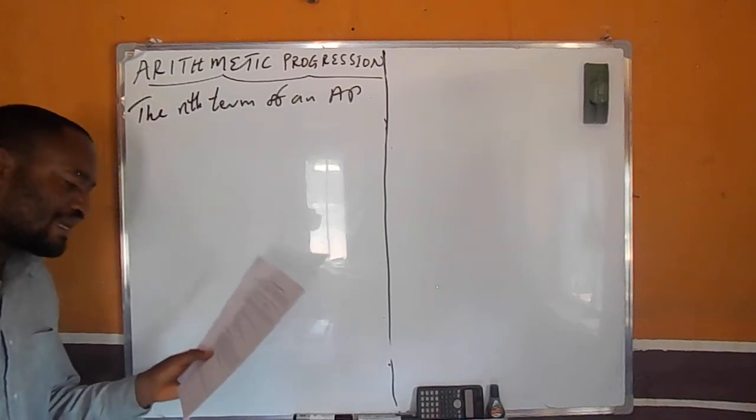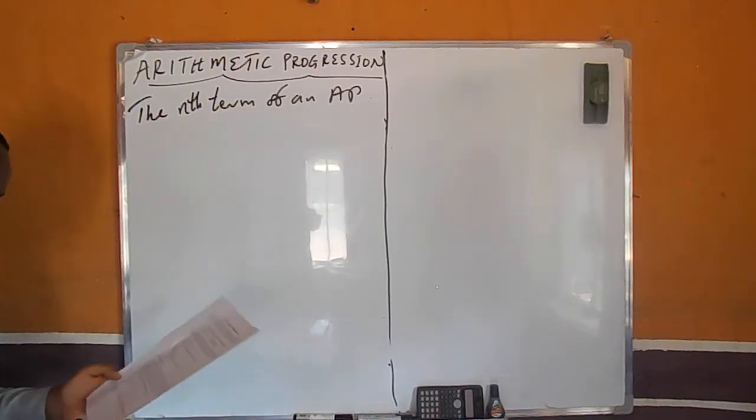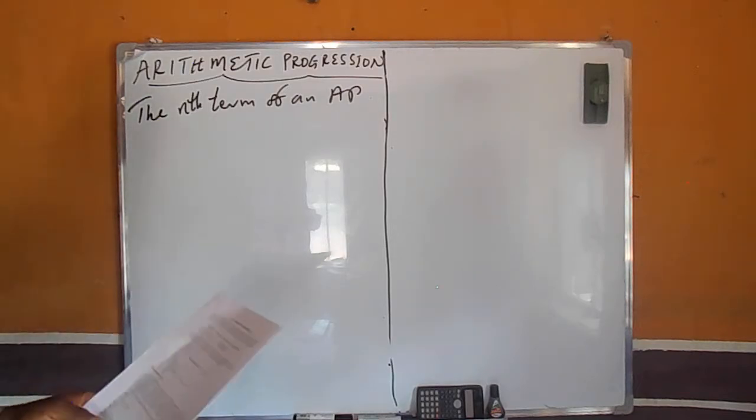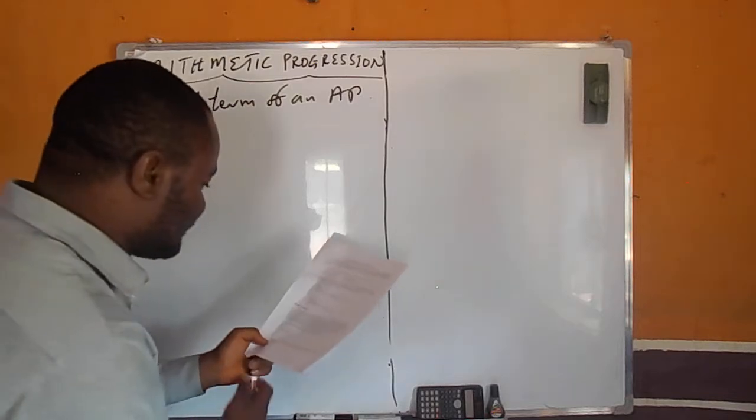The question here says: find the common difference in the following AP, 6, 14, 22, and 30.